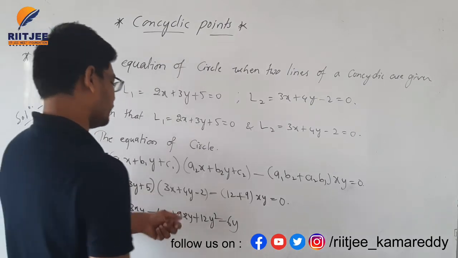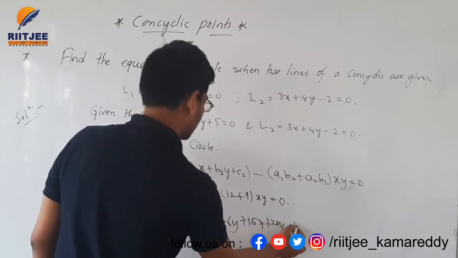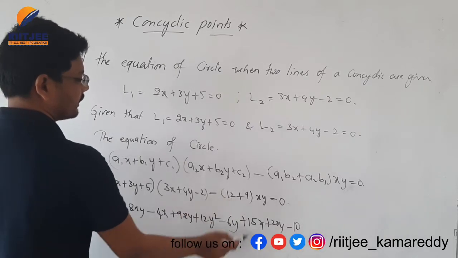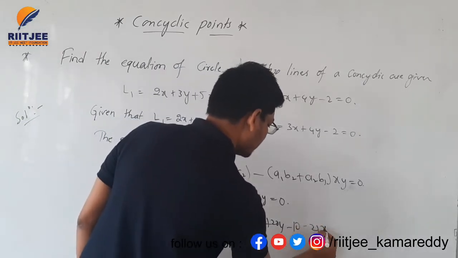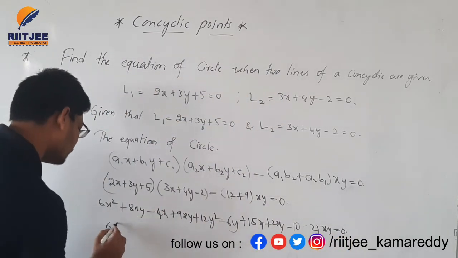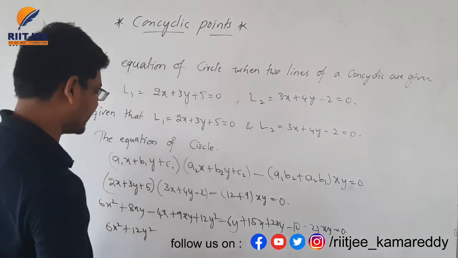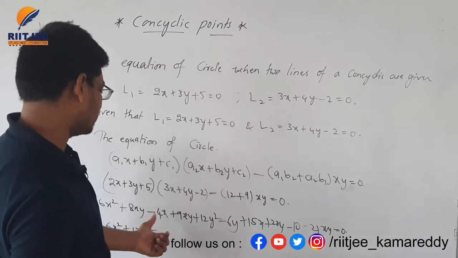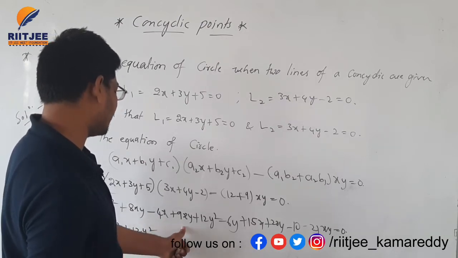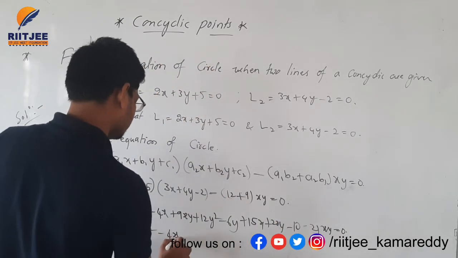Next 15x, 5 4 20y, 5 times minus 2 is minus 10, minus here 8 plus 9, that is 17xy, equals 0. Next, 6x square plus 12y square, I am writing the terms together here. 8xy plus 9xy is 17xy minus 17xy, that is 0xy.